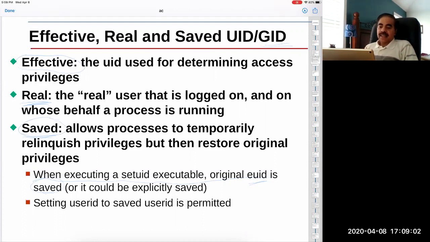In that case, they can make their effective user ID 0 again. This is possible because they are just copying one of the real or saved user IDs to their effective user ID, and that's permitted. Any questions?